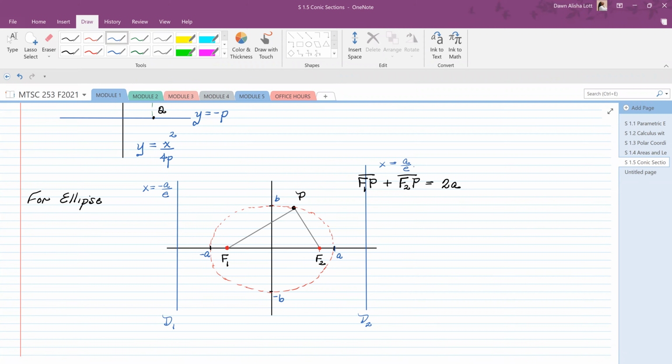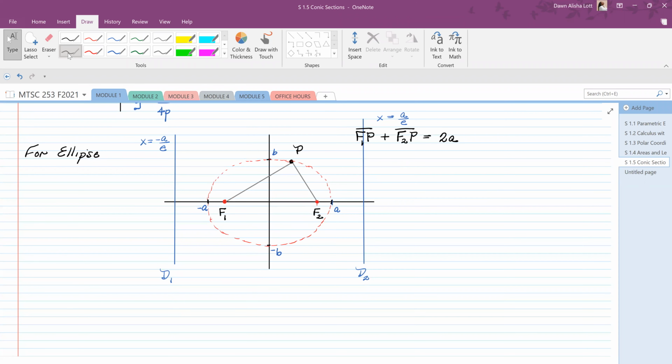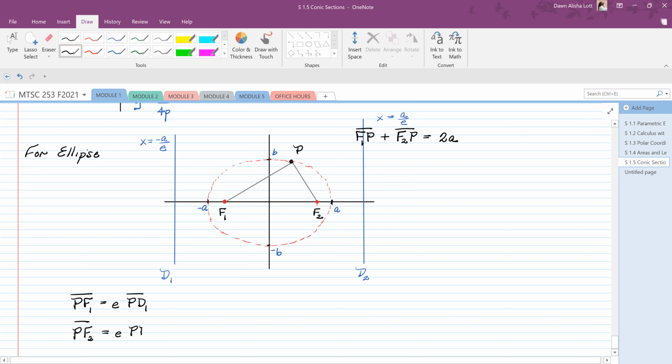And it is true that if you take the distance between P and F1, that's going to equal the eccentricity times the distance of P to D1. And the distance from P to F2 is going to equal the eccentricity times the distance from P to D2.